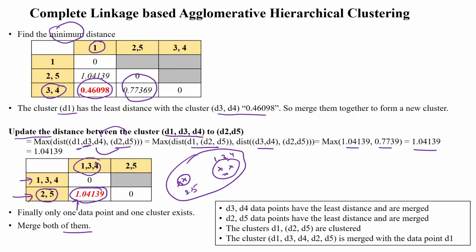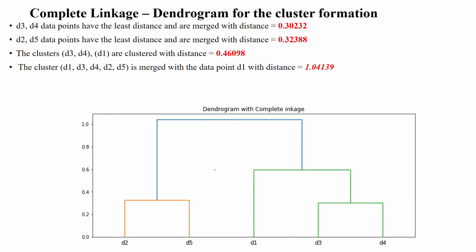So first we clustered d3 comma d4, then d2 comma d5. Then d1 with d3 comma d4, and finally d1 d3 d4 and d2 comma d5 are combined, right? So finally we have combined all the data points.